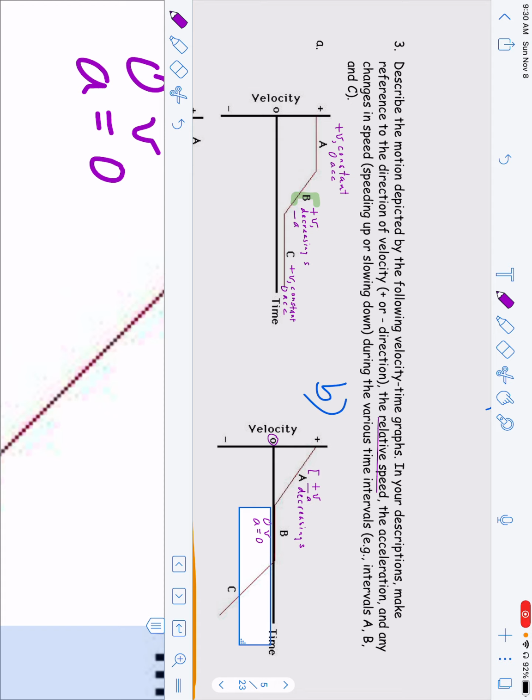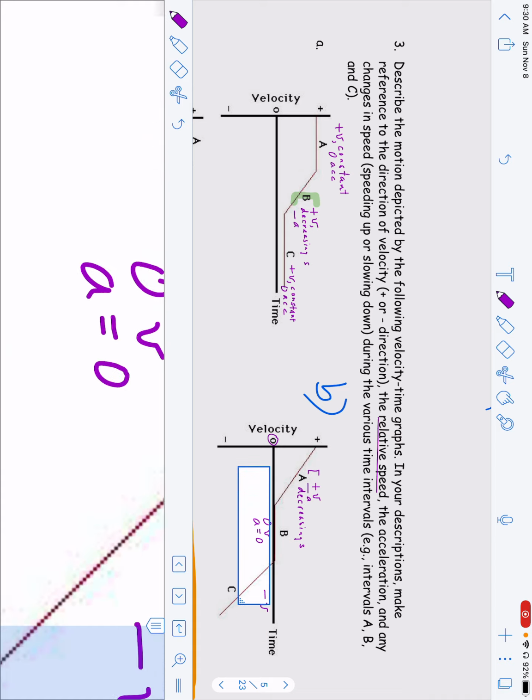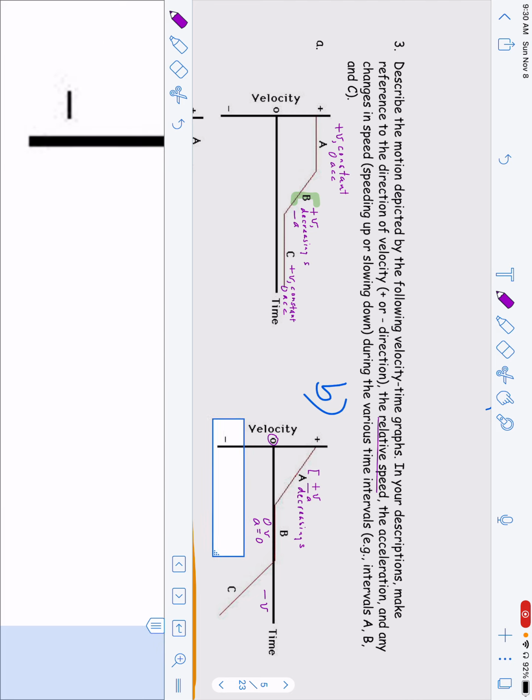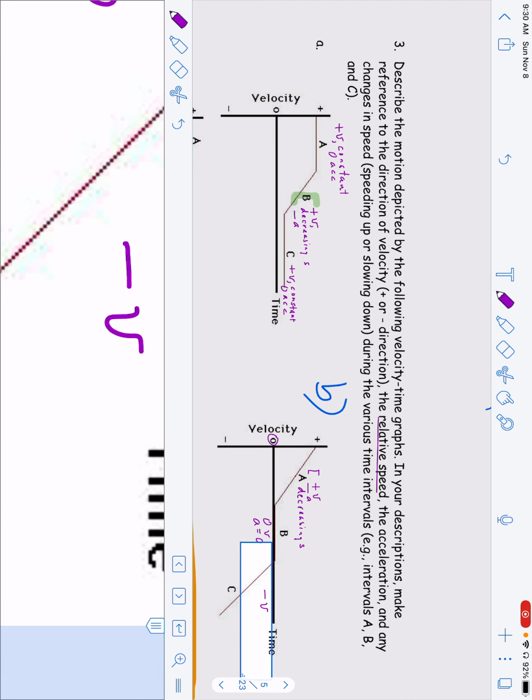This one, we have speed increasing because it's getting away from zero to higher negative numbers. We have negative velocity because it's in that region below the x-axis. Look, negative values are right there. And we got negative acceleration because it's a downhill slope.